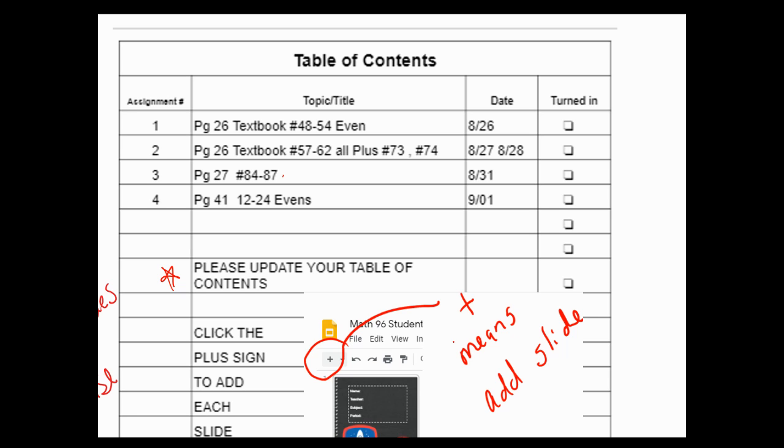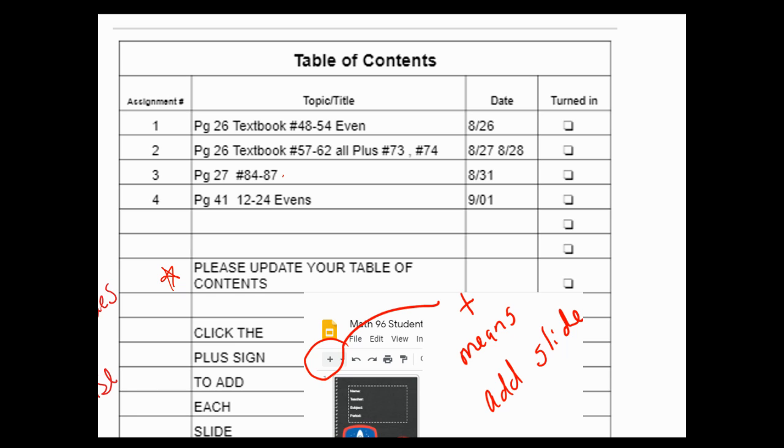And when you're in your actual slide folder, you use up here in the top left over by file, this little plus sign. It's always on the top left. That means you can add a slide to your workbook. And then you're going to upload that image of each of these assignments in that order. Okay.